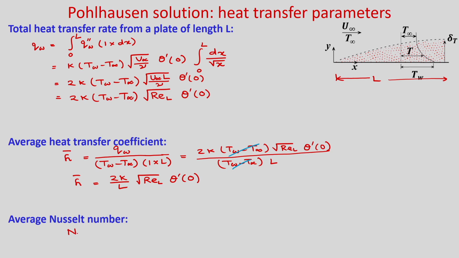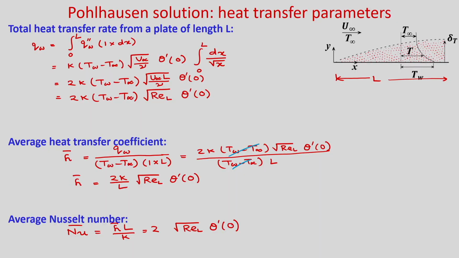The average Nusselt number will be just h bar into L by k. From this expression you can see it will be twice root Re_L theta prime 0. All these expressions we have written in terms of theta prime 0.